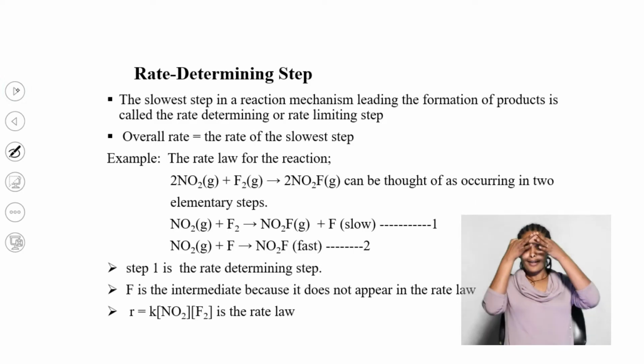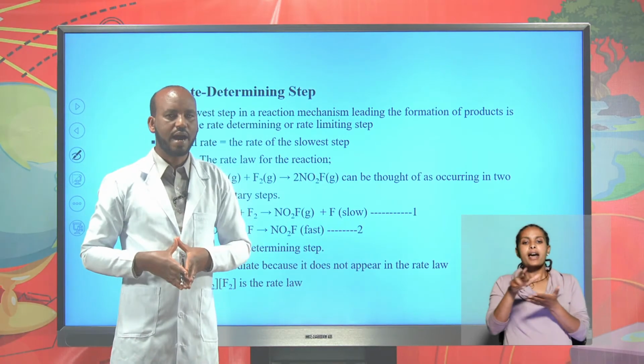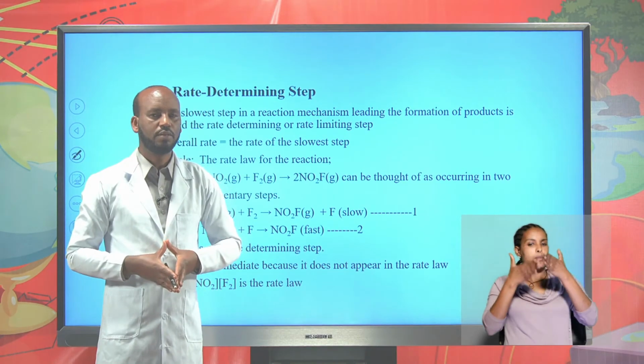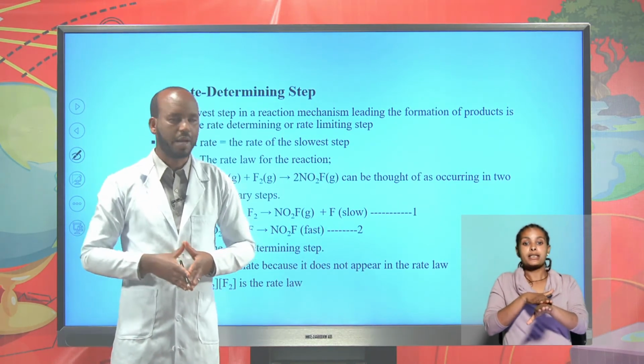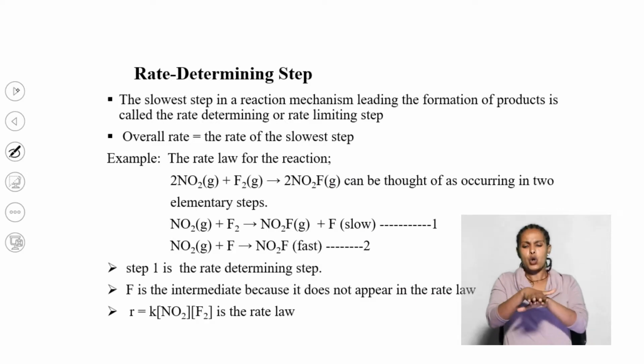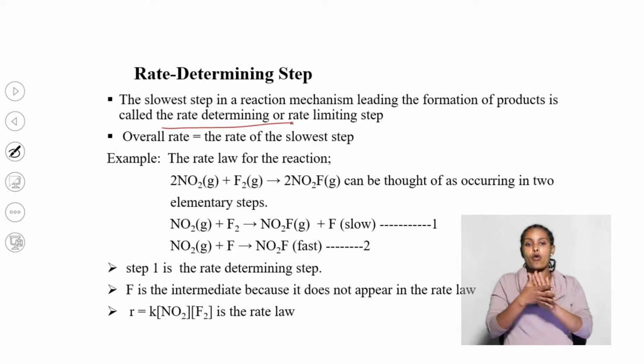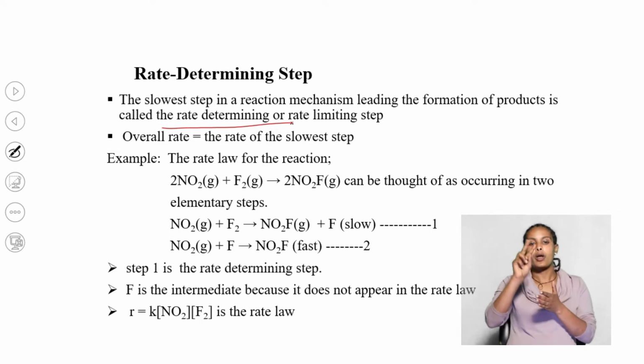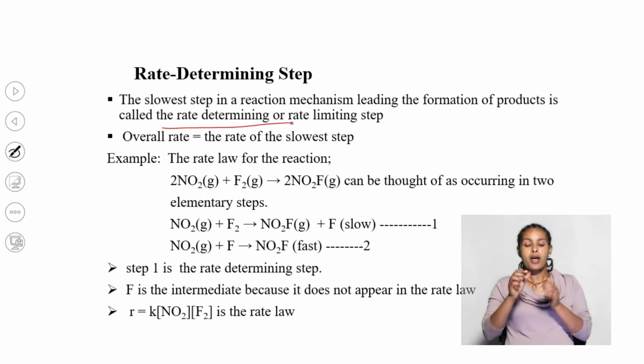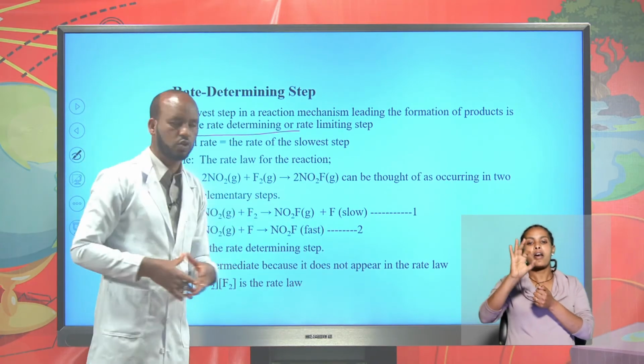Rate determining step. For a reaction having multiple steps, the slowest step is the rate determining step. The slowest step in a reaction mechanism leading to the formation of a product is called the rate determining or rate limiting step. Overall rate equals the rate of the slowest step. For example, the rate law for the reaction 2NO2 gas plus F2 gas to form 2NO2F gas can be thought of as occurring in two elementary steps.